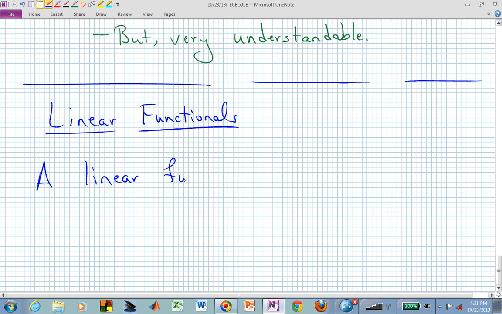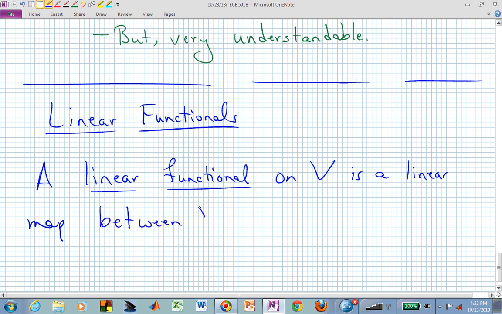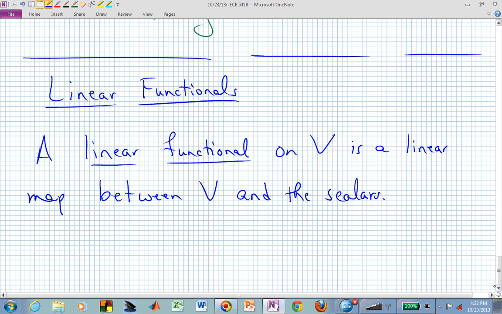A linear functional on a vector space V is a linear map between the vector space V and the scalars. This vector space usually has scalars associated with it, and now we're just going to map into those scalars. It could be the complex numbers, it could be real numbers. Those are our scalars.